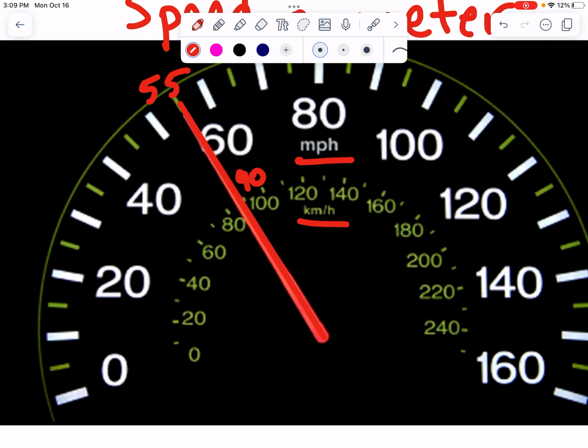So, the units matter. If you're driving 55 miles per hour in the United States, that's pretty fast. But if you're driving 55 kilometers per hour, that's not particularly fast, depending on where you're driving. Fast for a neighborhood, but not fast for a highway.